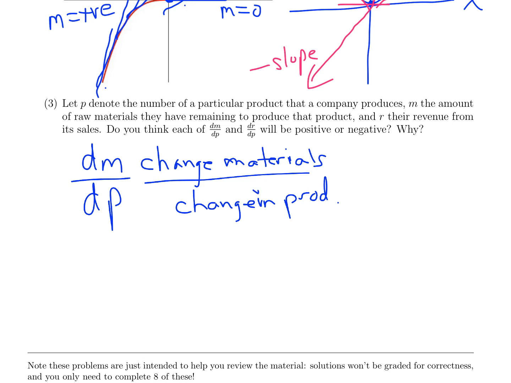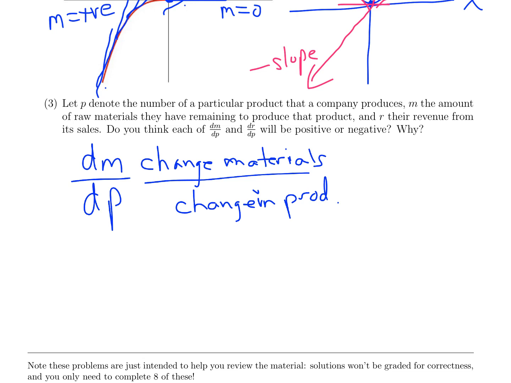So what do we think will happen if the change in materials starts to decrease, if we start to deplete our materials without reordering them or replacing them, then what's going to happen to our production? Our production is also going to be affected because we can't produce anything if we don't have the raw materials, right?